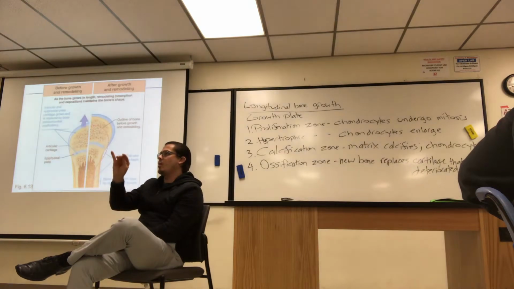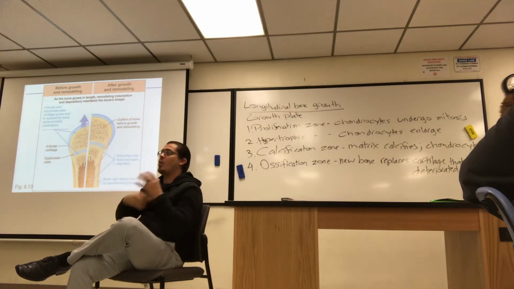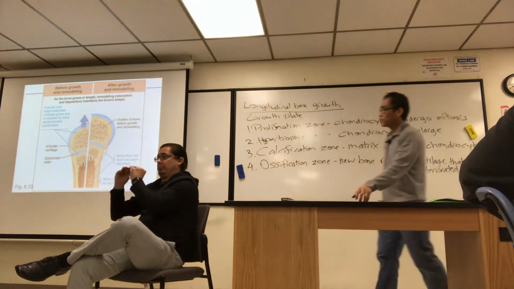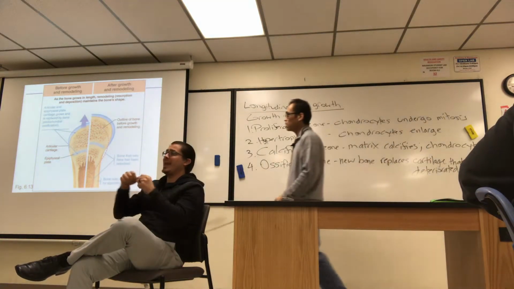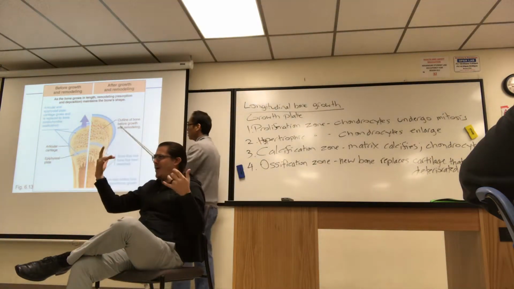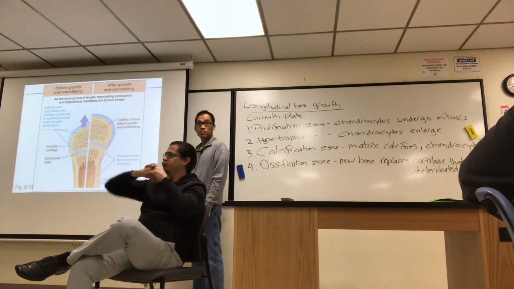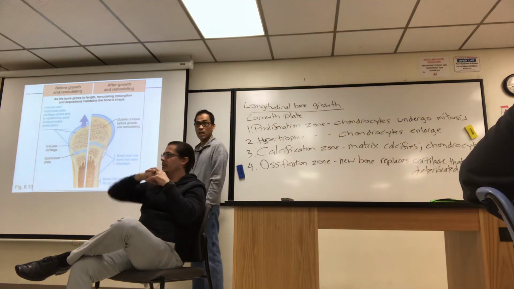And now this picture is pretty useful. It shows why you need both when you have longitudinal bone growth. Because to maintain the knob end shape of a bone, first of all, why do bones have knobby ends? It's because they need a wider surface to articulate with the bone next to it. Right? The epiphysis is a knobby end.